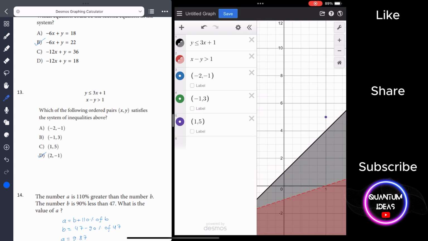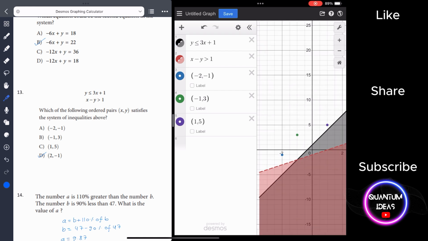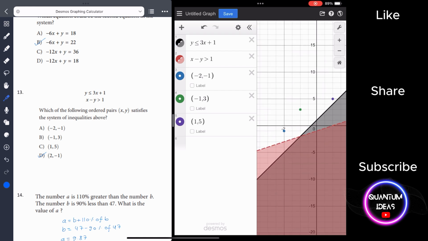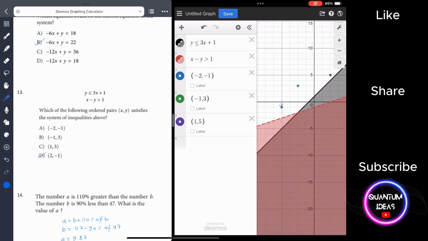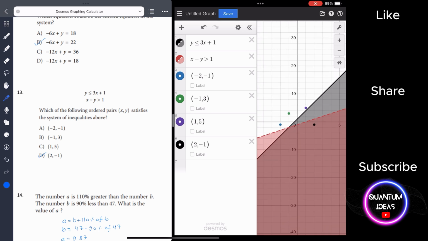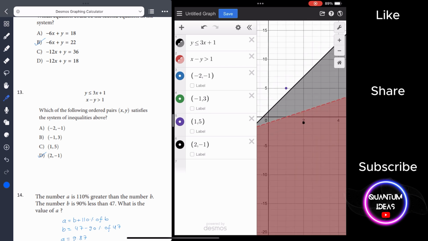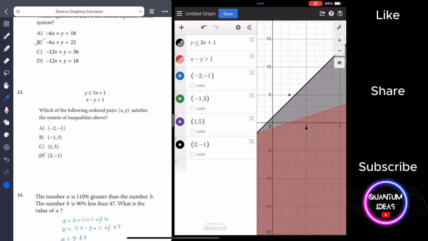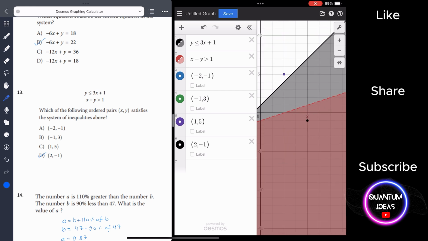It's not lying in the overlap or feasible region. Now the last is your answer. Obviously it will lie inside the region. 2 comma minus 1 lies on the intersection of those inequality regions, on the black as well as the red region, so your answer is D. You can check.